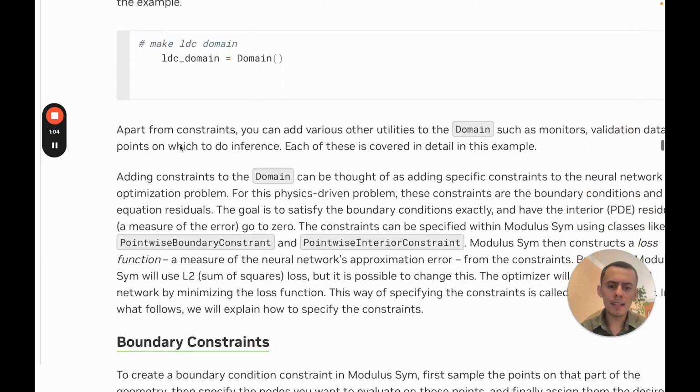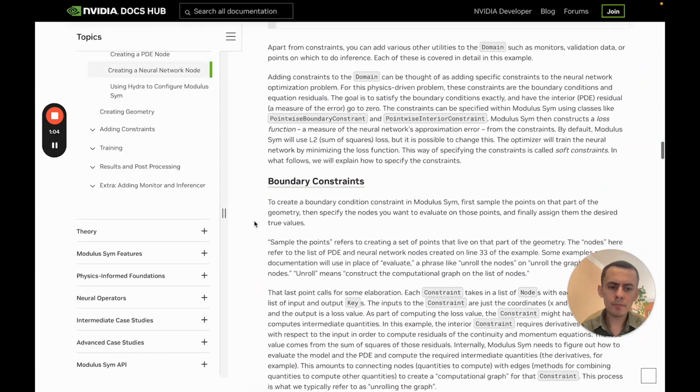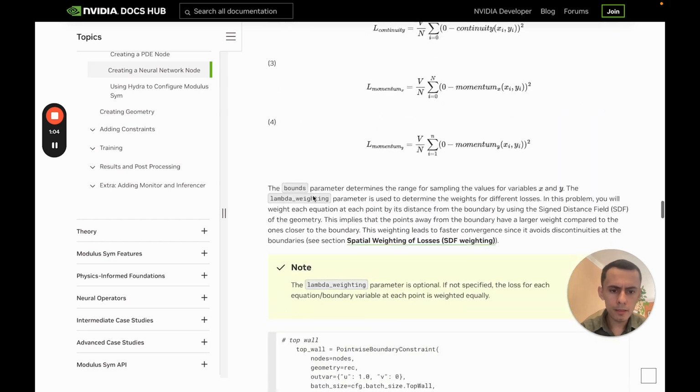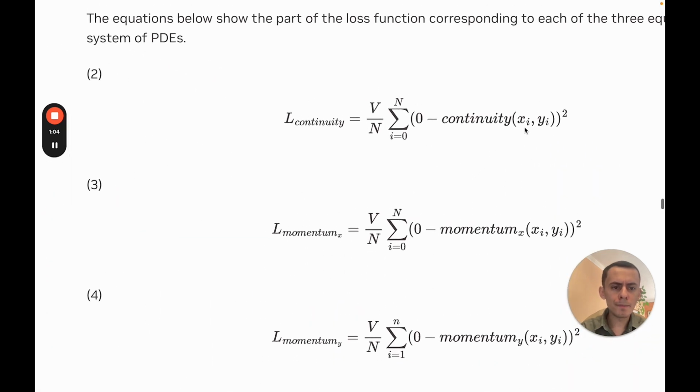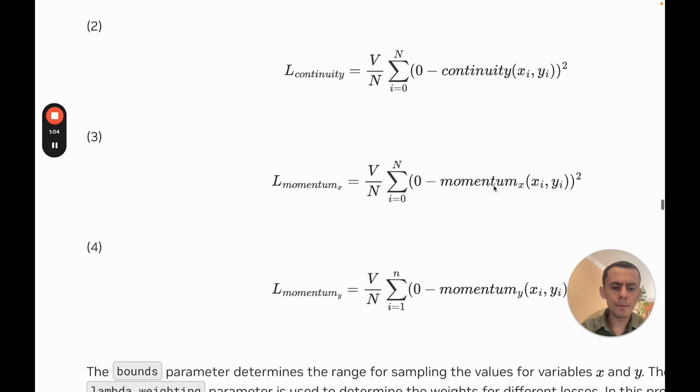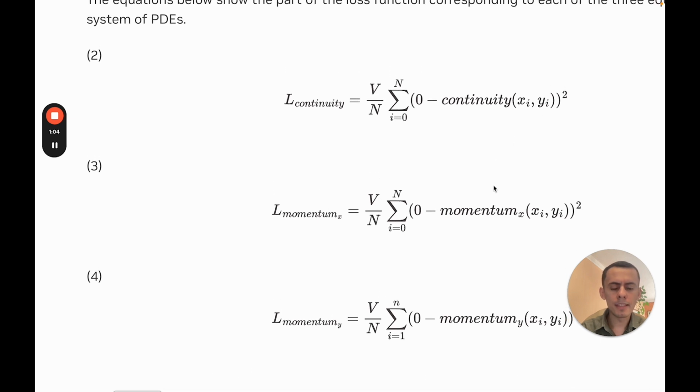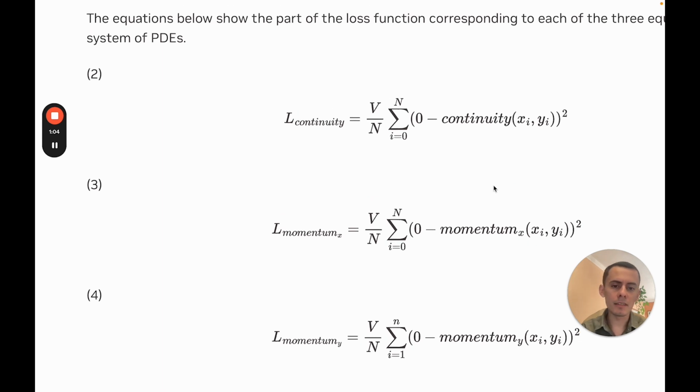There's residuals here. So this whole thing gotta be 0. And if it deviates away from 0, that's a loss. So we're going to know that's bad, right?